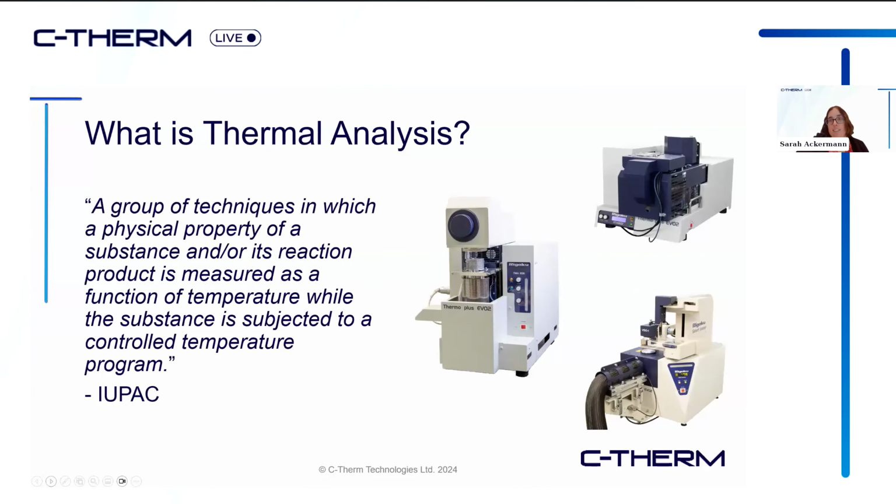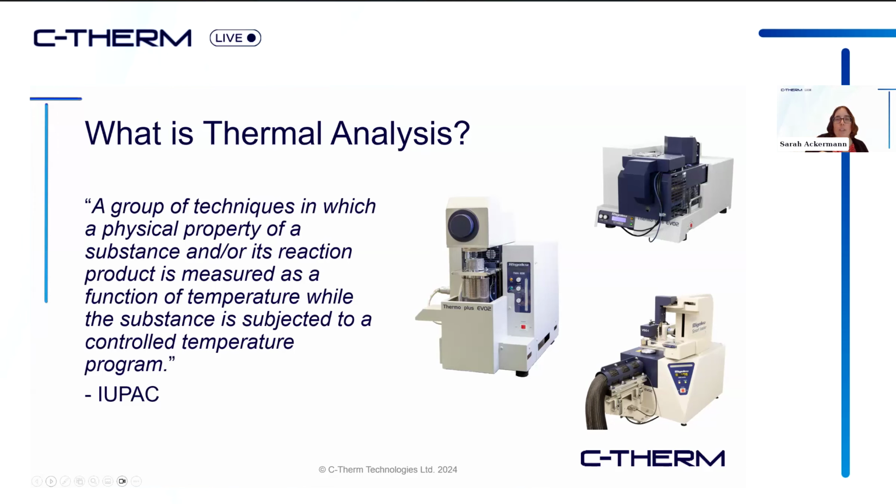So thermal analysis is kind of an umbrella term. It refers to a group of techniques that study a physical property or several physical properties of a substance or material as a function of temperature and/or time.